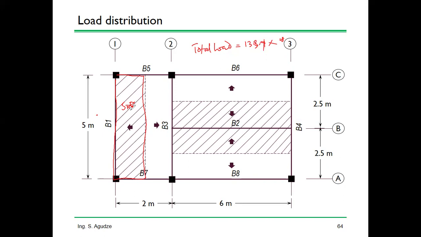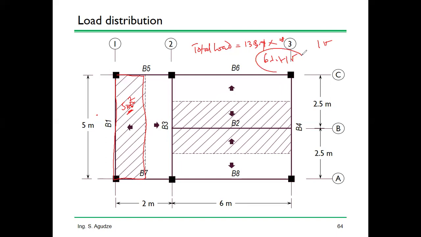If we multiply that by 5 meters square, we'll get the answer in what? Kilonewton, isn't it? So 13.34, okay, times 5, you get what? 66.7. And remember, this will be in kilonewton.